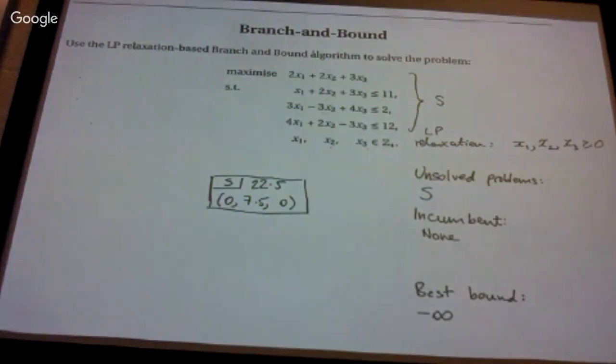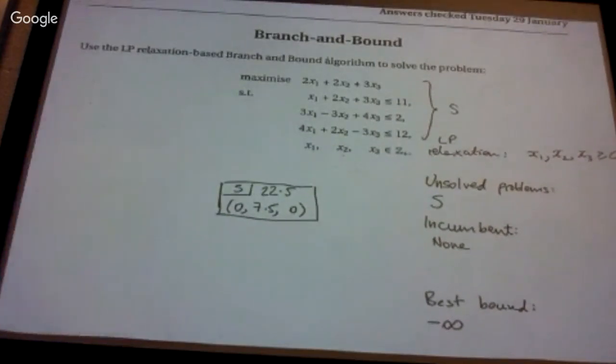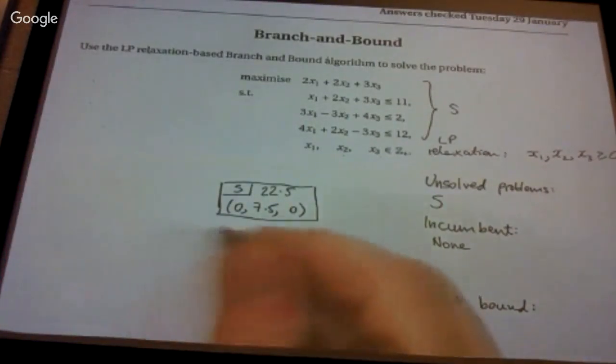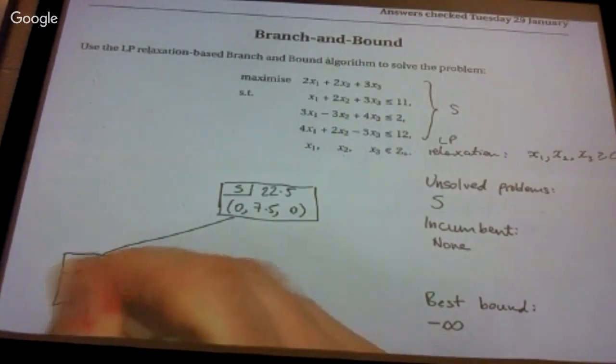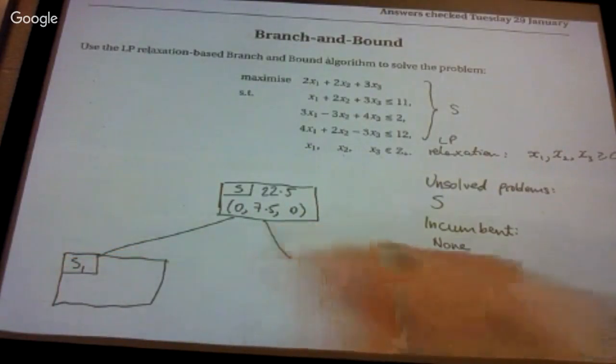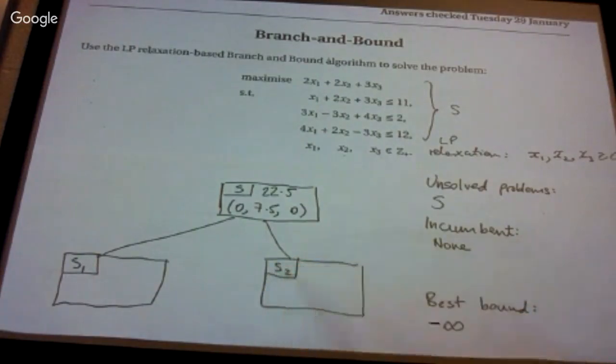And because it's not all integer, you have to branch. So you create two subproblems, and I'll call them S1 and S2, for example.